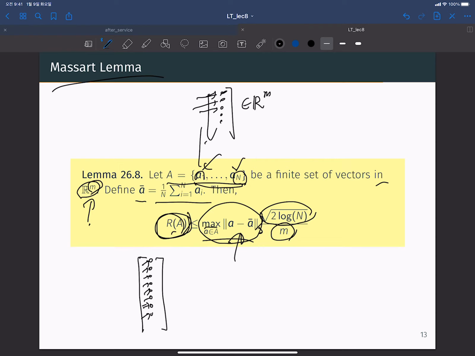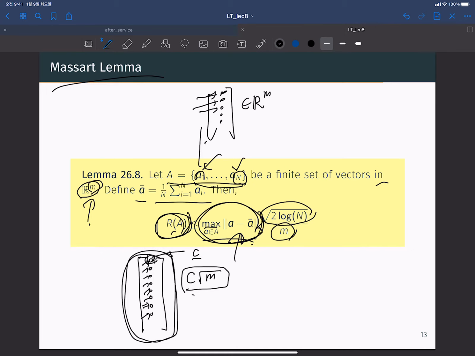Then the norm of this vector is proportional to, let's say each element's absolute value is bounded by some C, the norm of this vector is bounded by C times square root of 2M. So this radius is not constant, and depends on the number of training points.